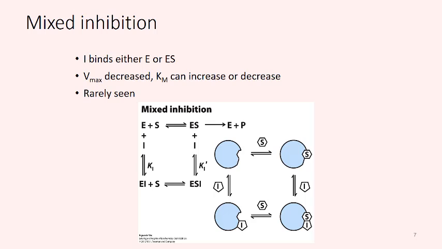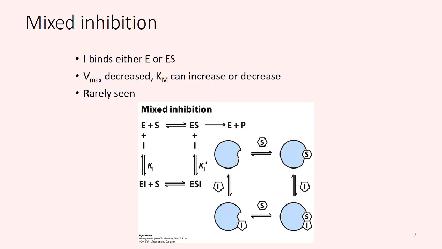Again, this is rarely seen, because nature is really lazy, and nature designs itself so it has to exert minimal effort. So it makes sense that an inhibitor would favor one or the other rather than both.